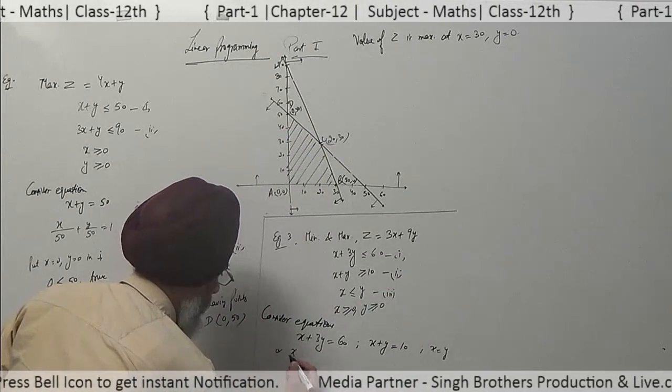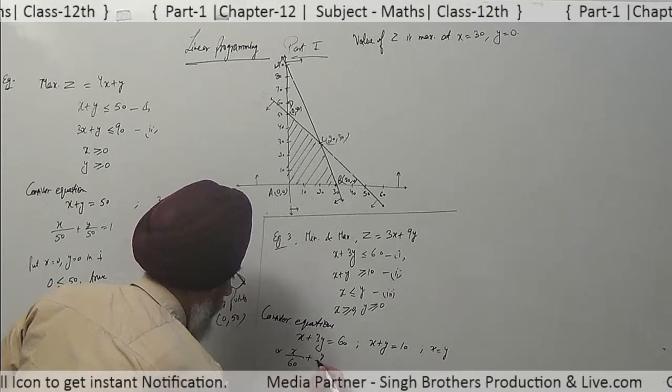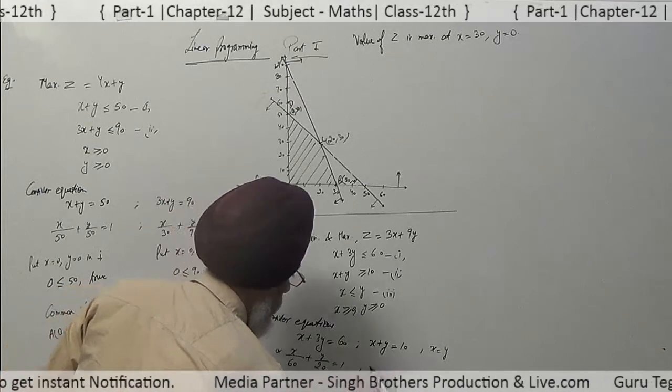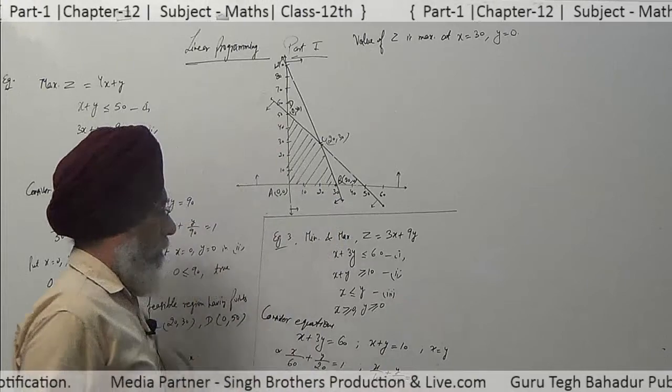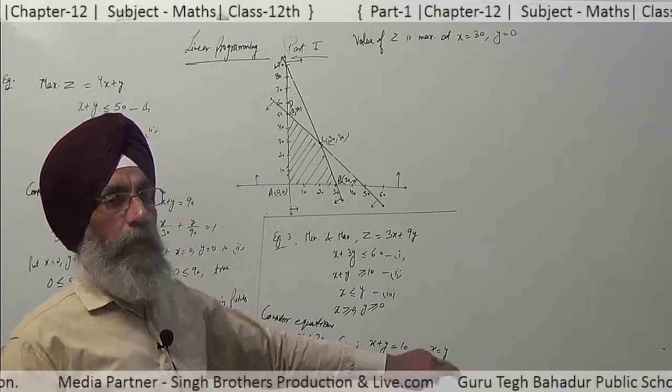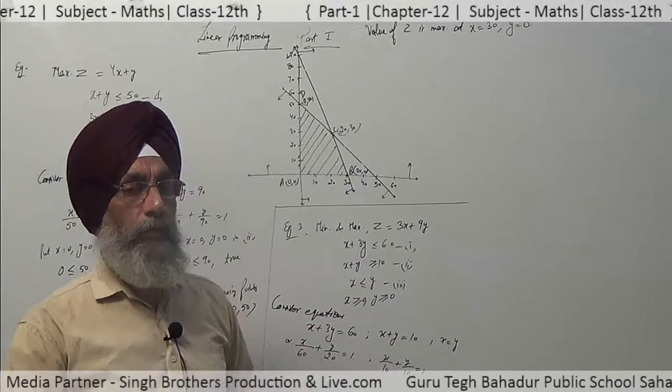It becomes x upon 60, if we divide both sides by 60, y upon 20 is equal to 1, x upon 10, y upon 10 is equal to 1. Here the line is passing through the origin because we have no constant here.